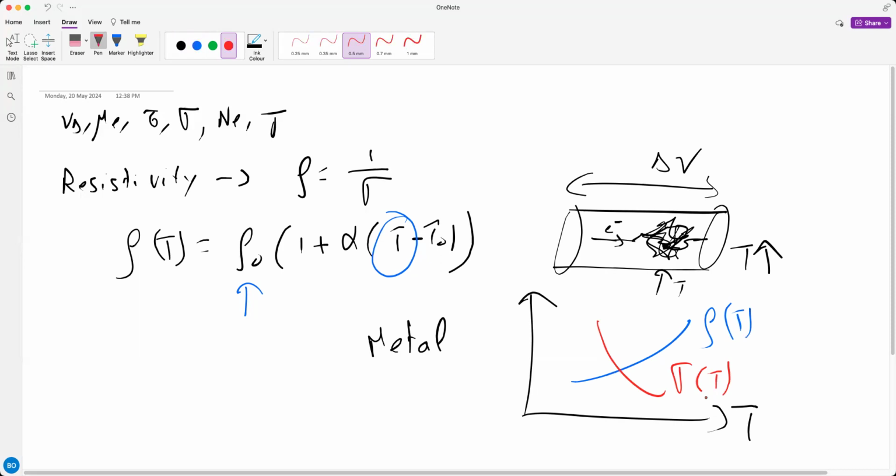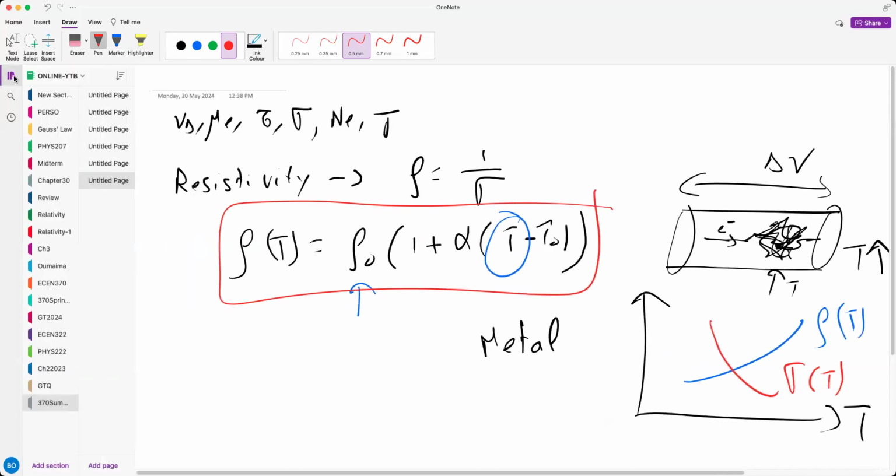Please remember this, because we will see that in semiconductors it's the opposite. This is a very important point: the temperature affects the electrical properties of a metal, and it deteriorates the electrical properties of a metal.